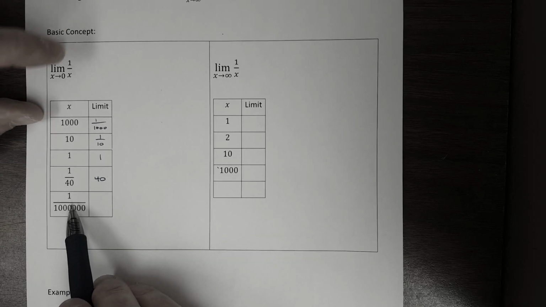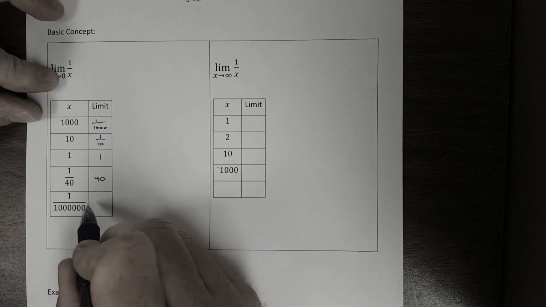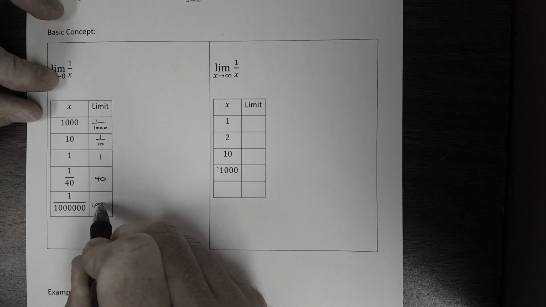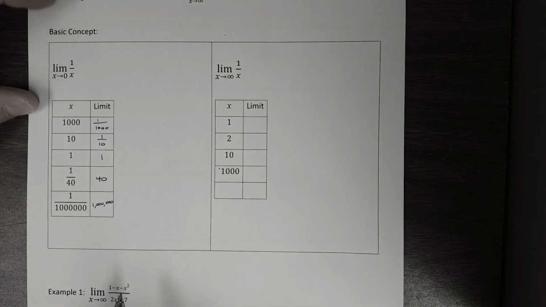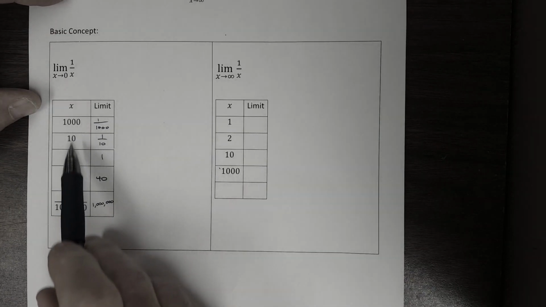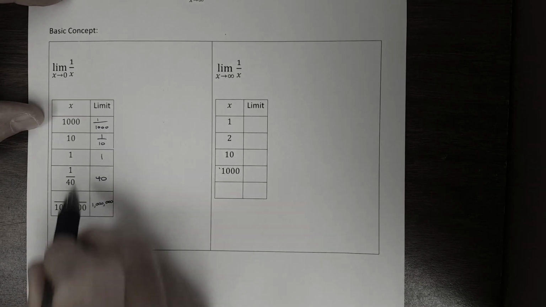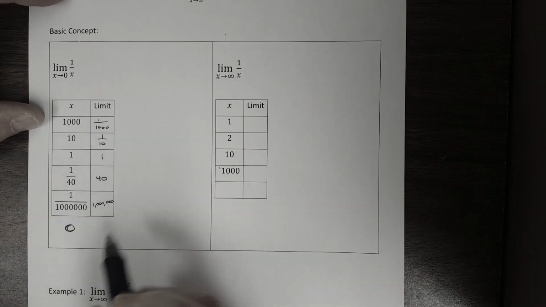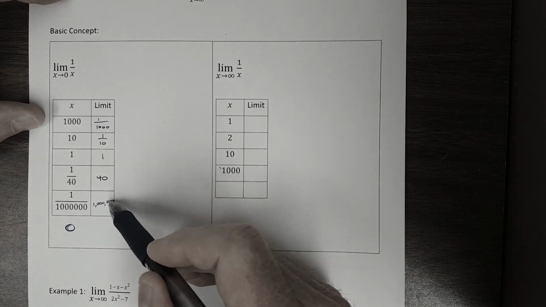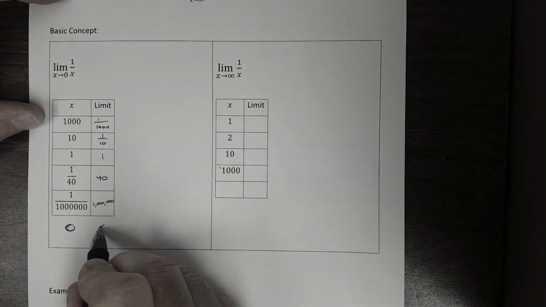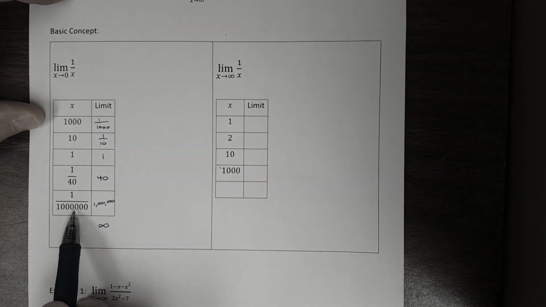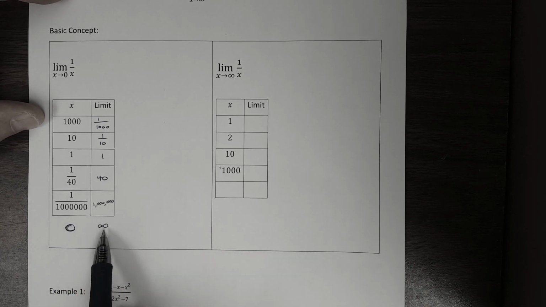Okay? And if I put in 1 divided by 1/1,000,000th, I get 1,000,000. So we can see here, as these numbers are approaching 0, these numbers are getting bigger and bigger and bigger. These numbers are approaching infinity. So the closer we get this to 0, the closer our answers here get to infinity.